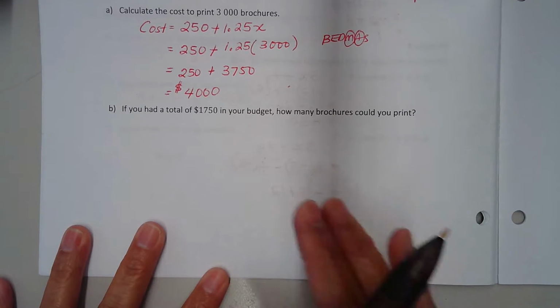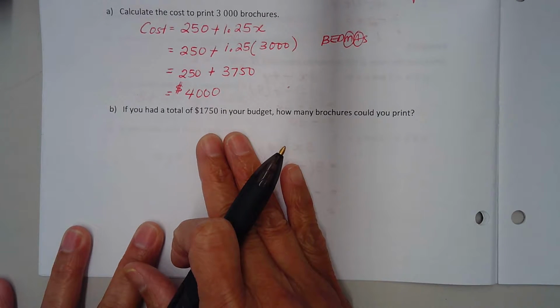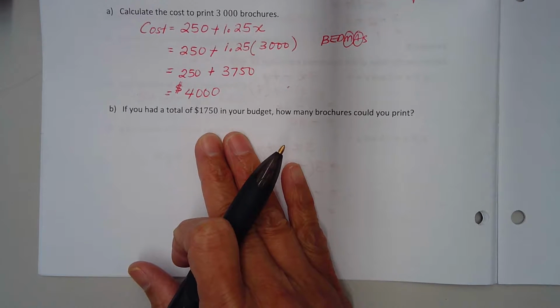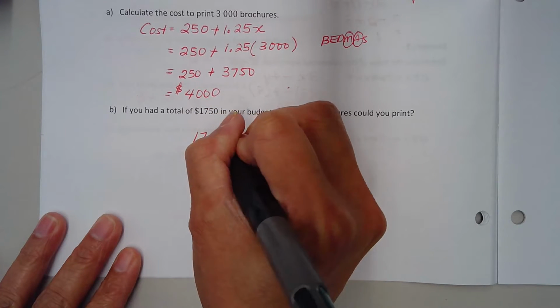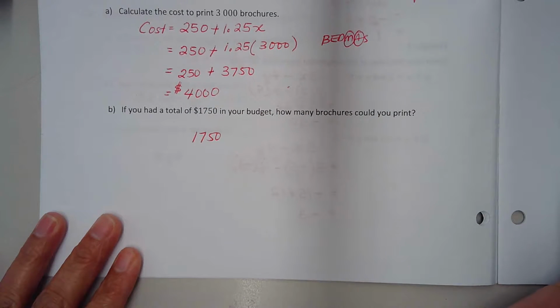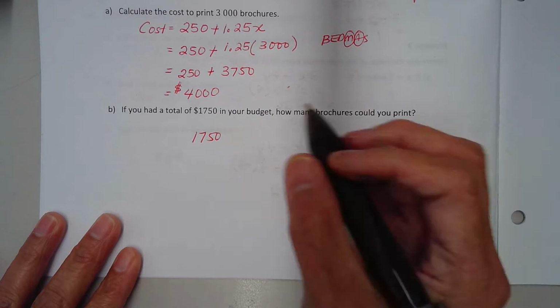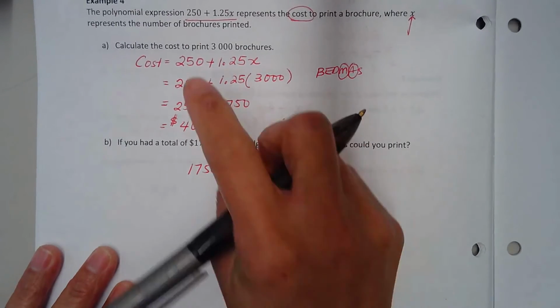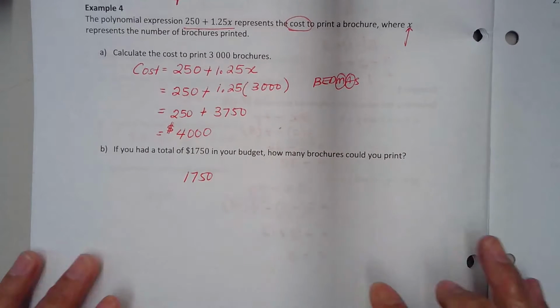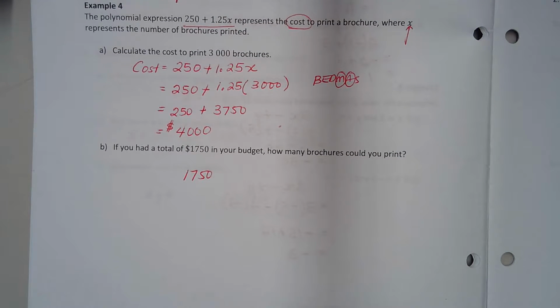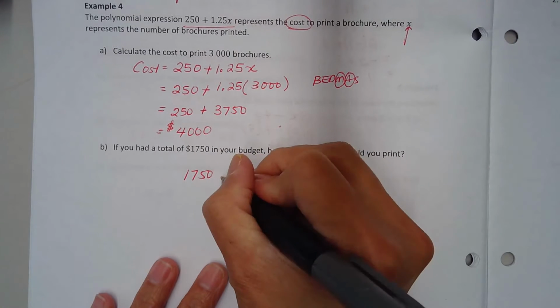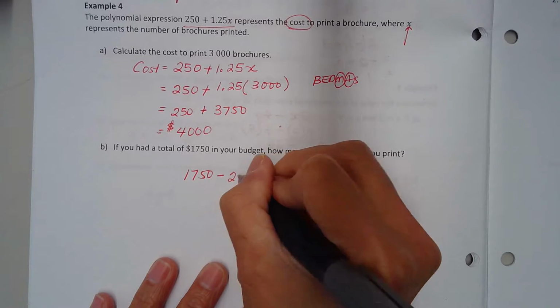So if you have $1,750, how many brochures can you get? Now, can you see that there's a 250? That's to set up the brochure, to lay it out, maybe to design the brochure. That's how much it would cost, so minus that.